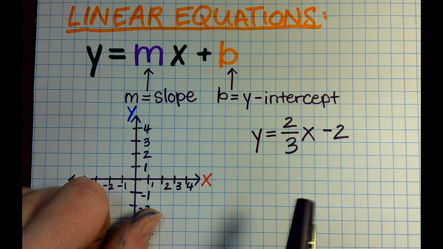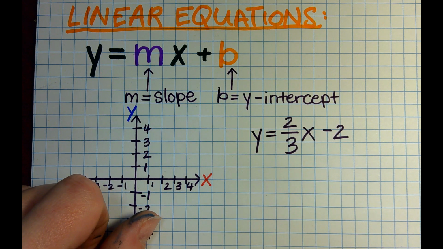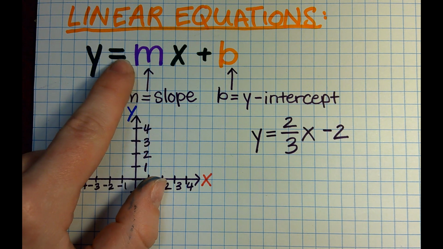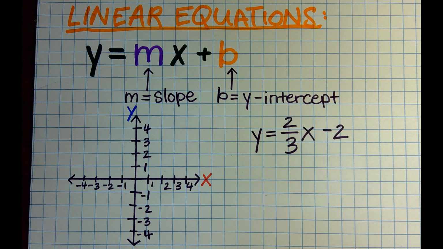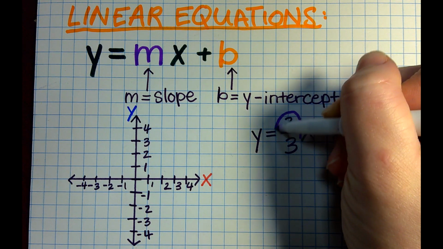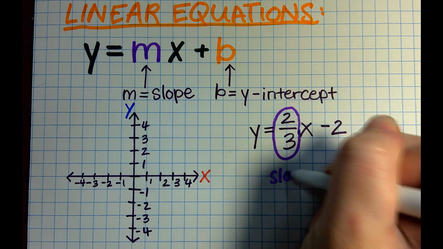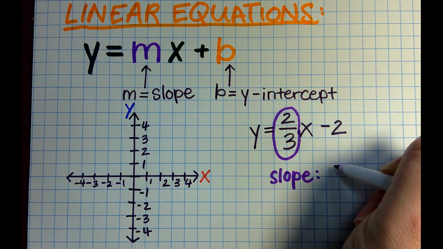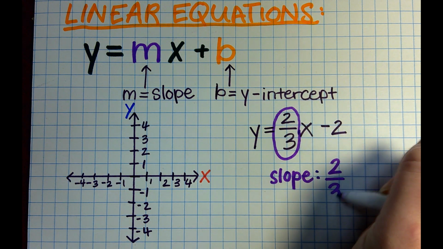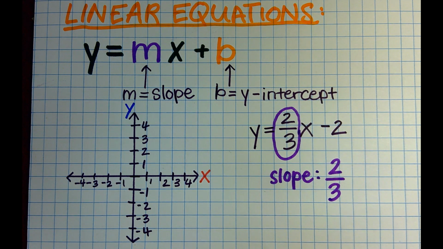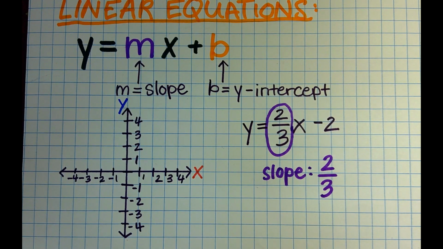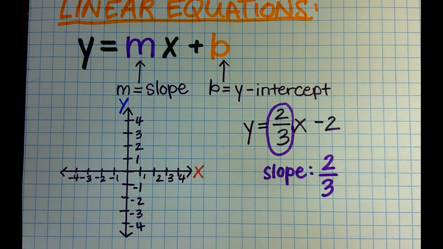What would be my slope in this equation? 2/3. My slope is m, so we're going to circle 2/3 and label it as our slope. Slope is 2/3. What would my y-intercept be? -2.